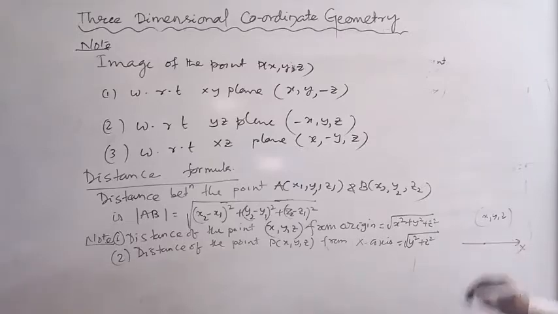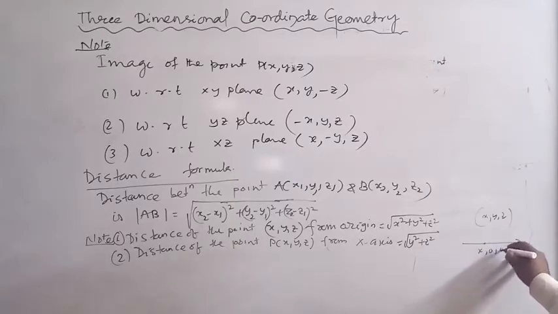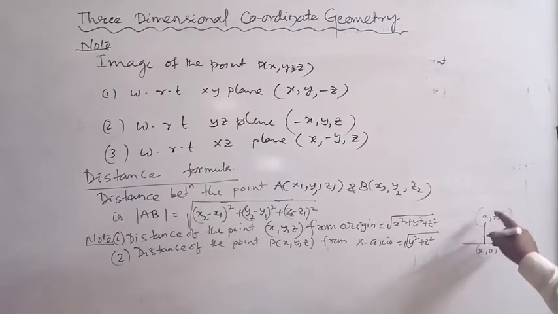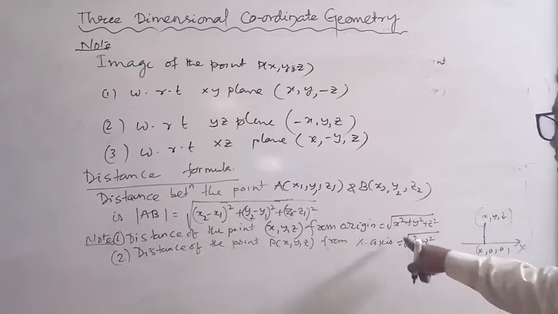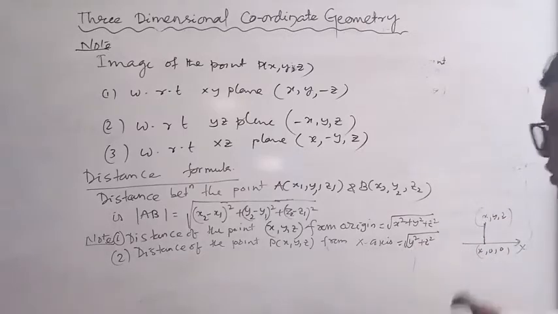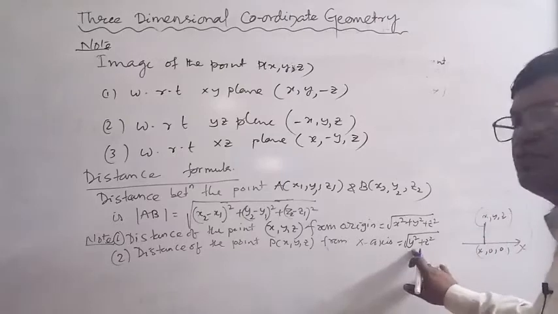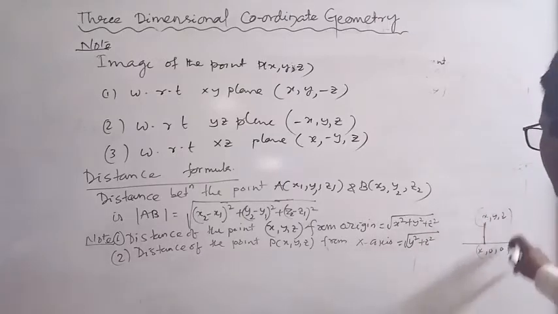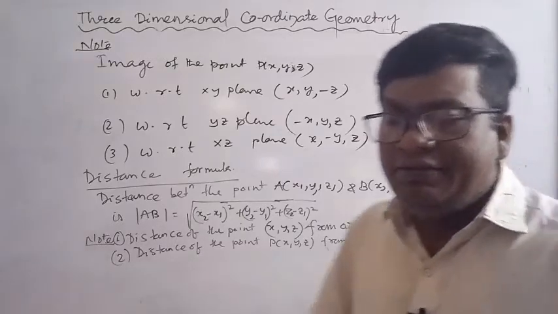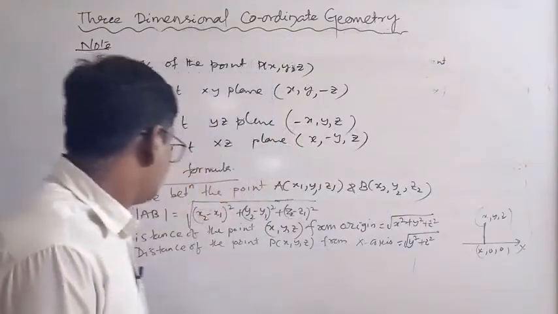Any point on the x-axis is x, 0, 0. Now apply the distance formula: x minus x square, that is 0, and y minus 0 square, that is y square, and z minus 0 square, that is z square.